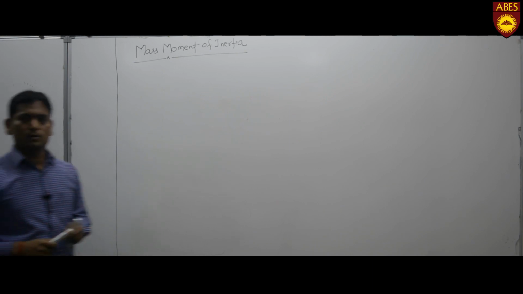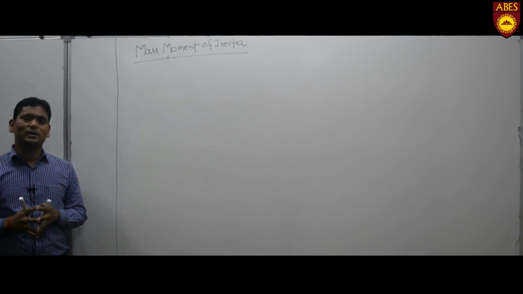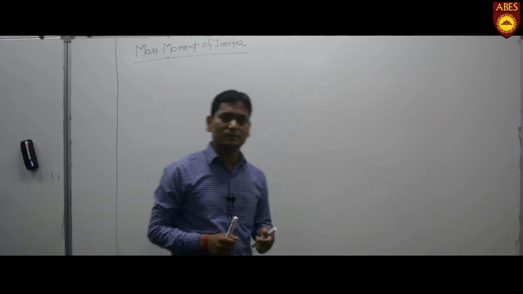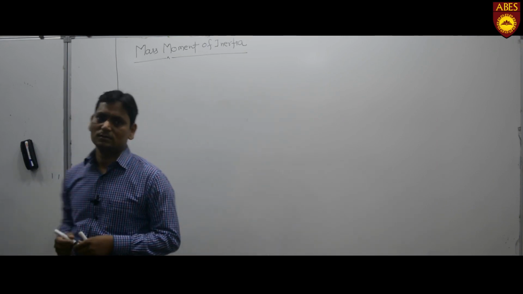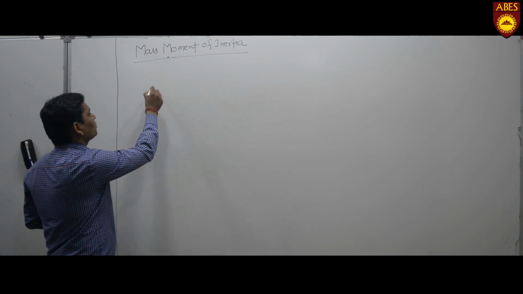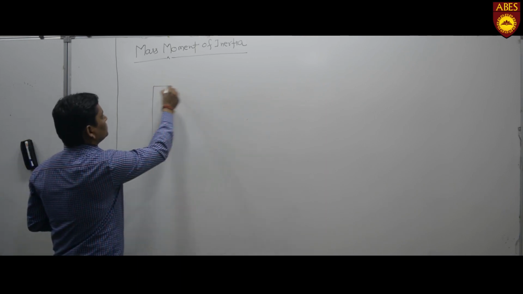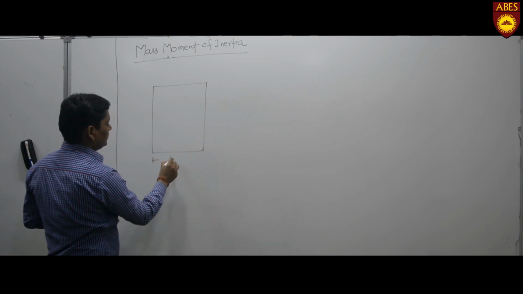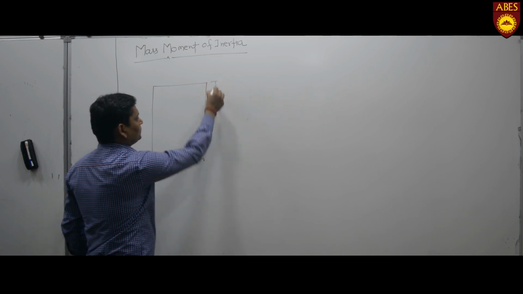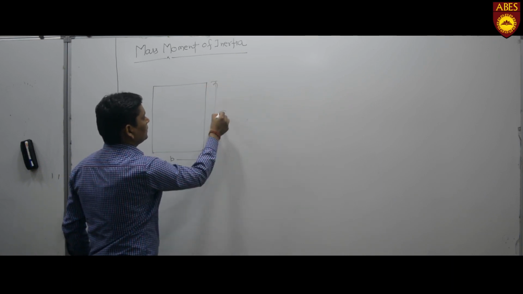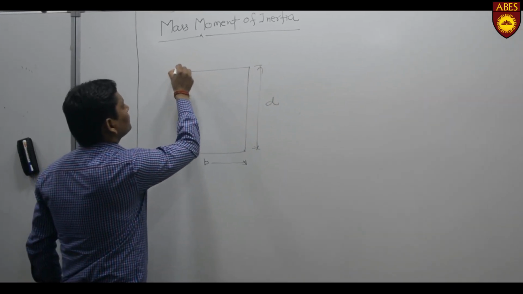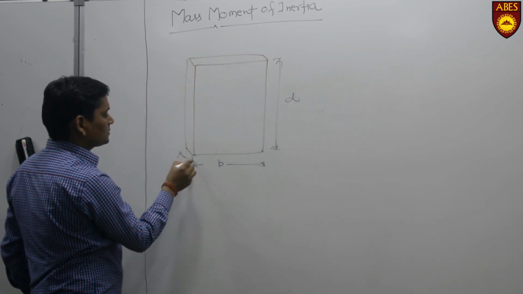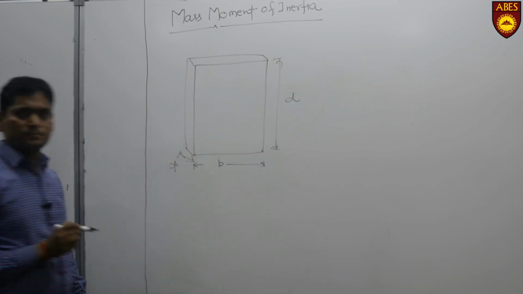Now we will calculate for the rectangular plate. We will calculate the mass moment of inertia of a rectangular plate about the centroidal axis. I have considered a rectangular plate. Width will be small b and depth will be small d, with uniform thickness small t.